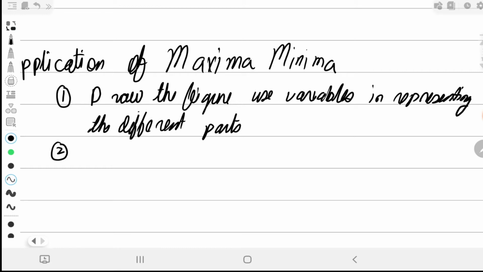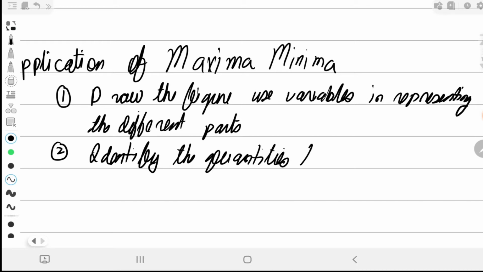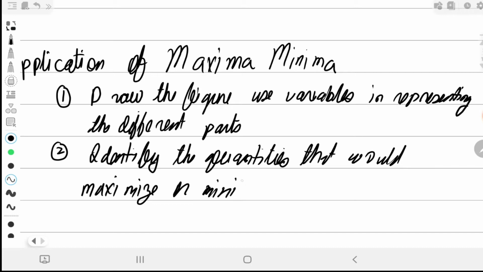Second, identify the quantities that would be maximized or minimized. Okay?